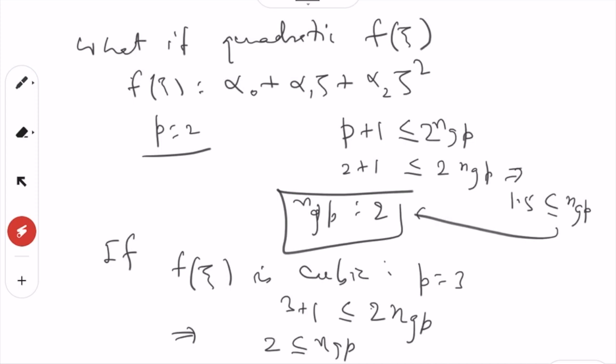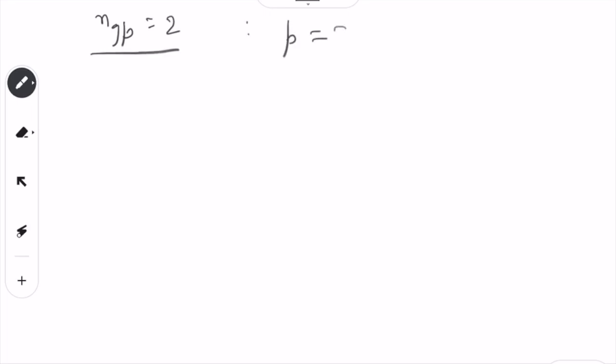Even for cubic also, you just need 2 NGP points, that's it. So cubic functions can be integrated exactly with just 2 points, right. So we know that NGP we have to take equal to 2, and p you have to take as 3, and this is going to calculate exactly, yeah.